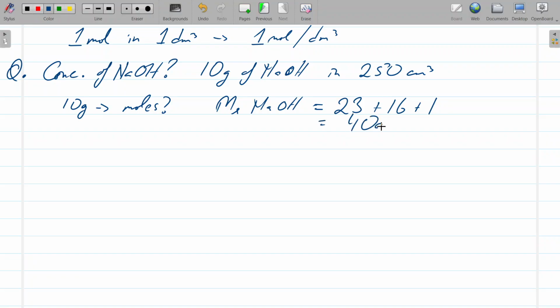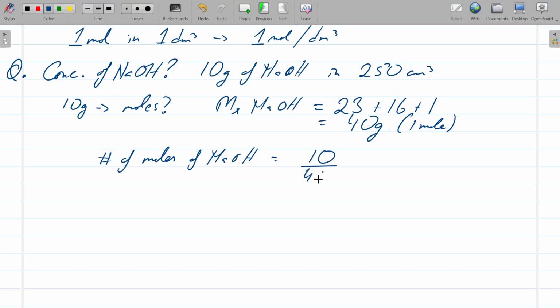Let's say 1 mole of NaOH is 40 grams, so this is 1 mole. And so number of moles of NaOH used equals 10 over 40, which equals 0.25.